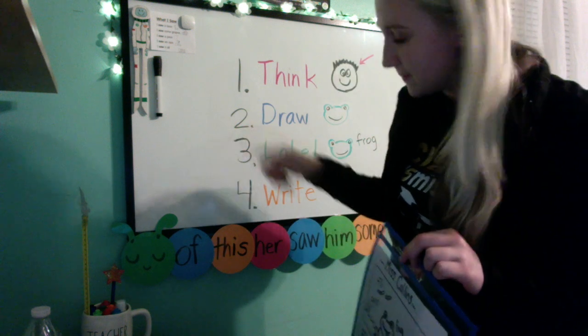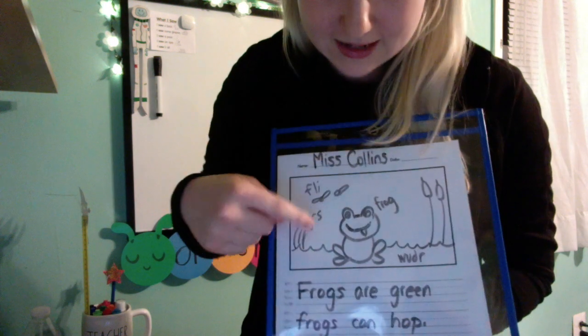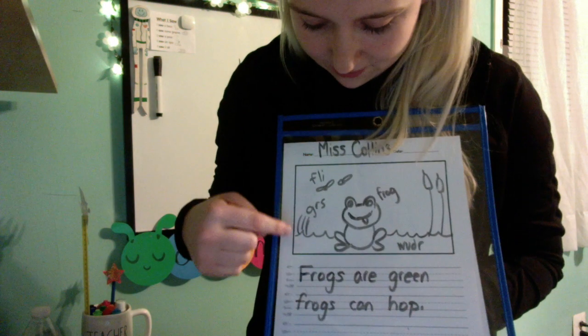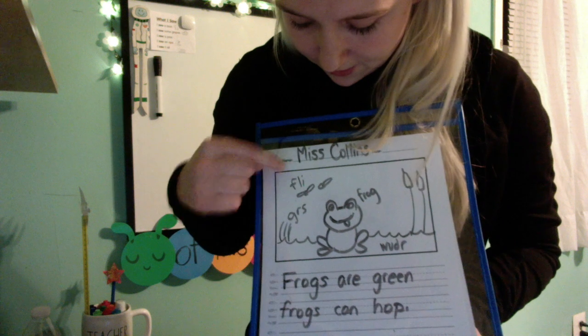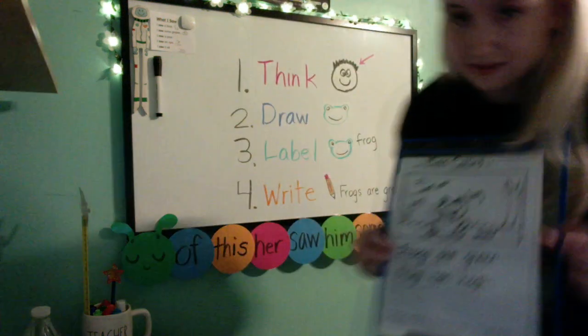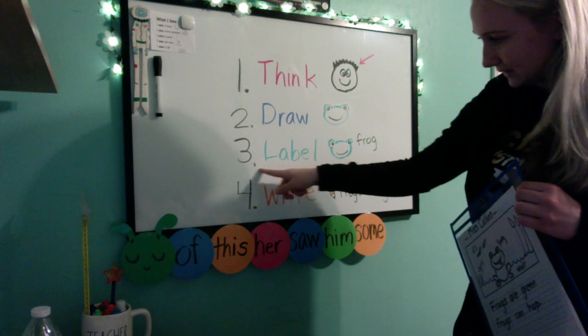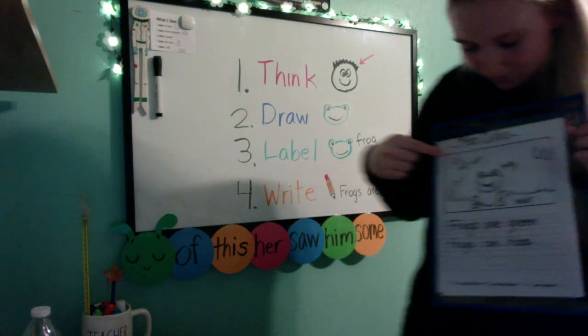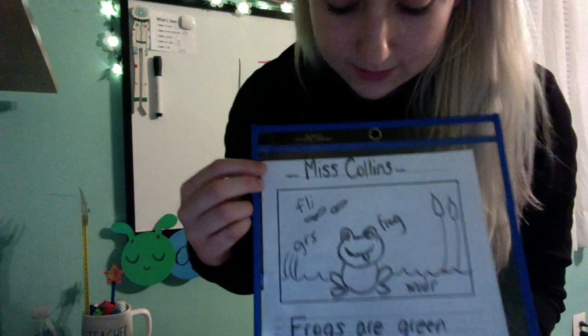My second step was to draw a picture. So I drew a picture of my frog in his habitat. I had the water, the grass, I drew a couple flies, and here's my frog right here. The next step is to label. So you want to label all the things in your picture.